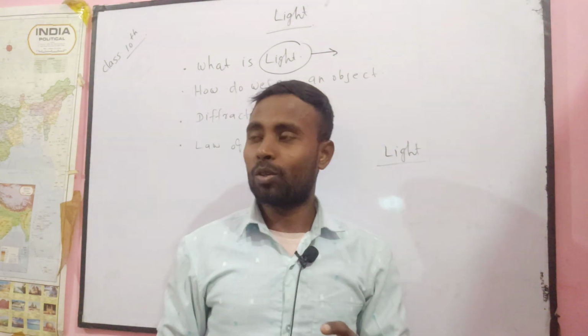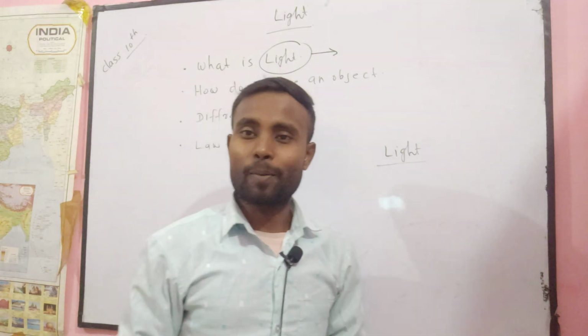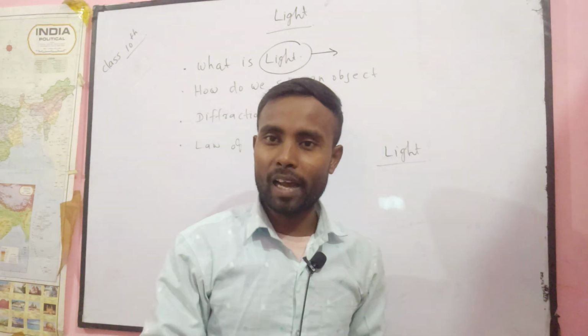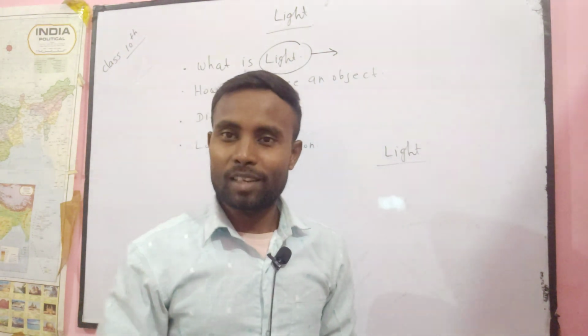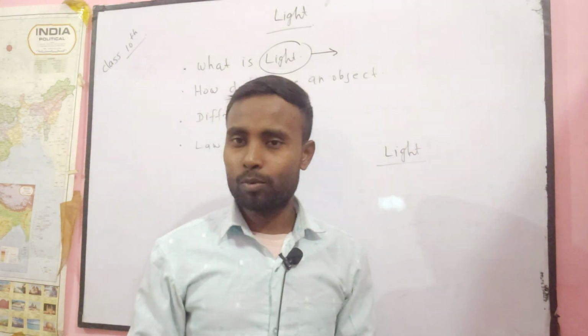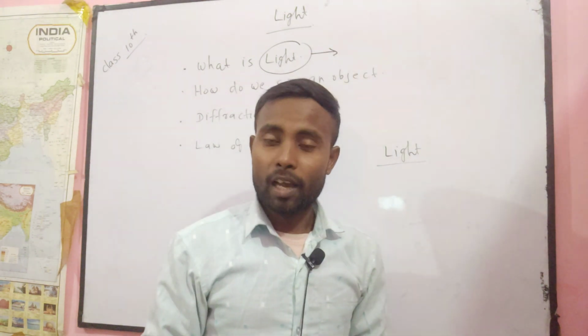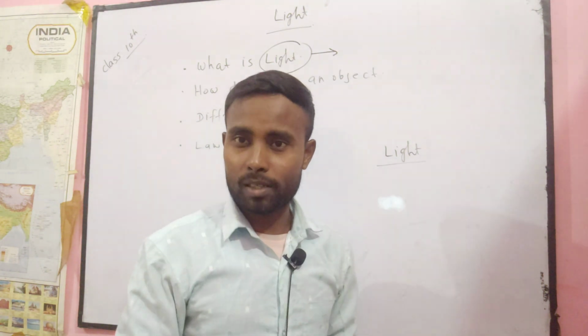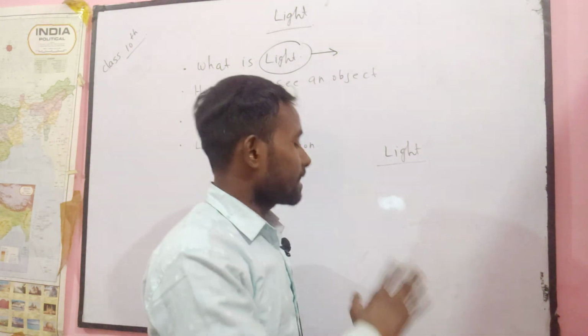Maybe in childhood you will think that only with the help of the eye you can see an object. No, this is not absolutely correct, because the eye is a medium that helps us to see an object, but it is not a single factor that helps to see an object.